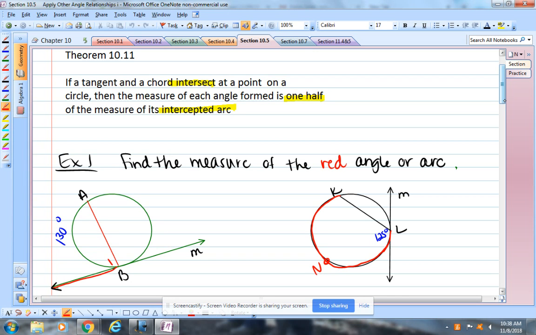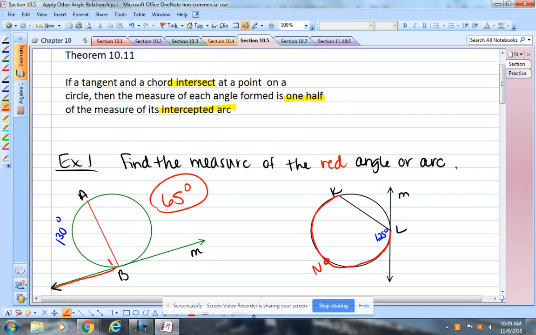So if the angle is half the measure of the intercepted arc, how do we get the angle if we know the arc measure? Divide in half. So what is 130 divided by 2? 65 degrees. Y'all see how we got that? On this one they gave us the arc, so we took half of that to get the angle. It doesn't look like that's drawn to scale because that looks more like a right angle, closer to 90.